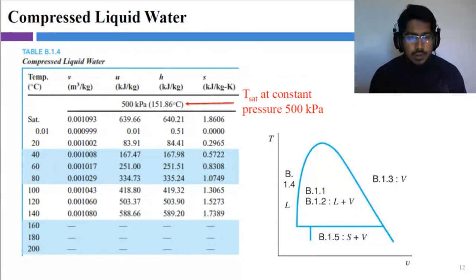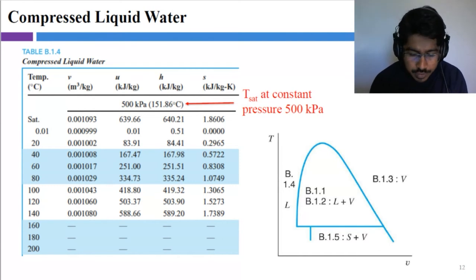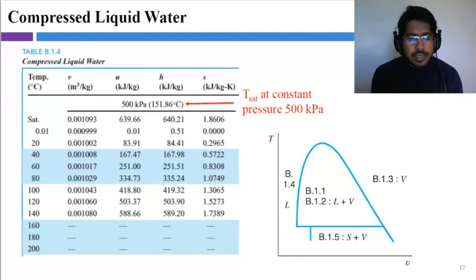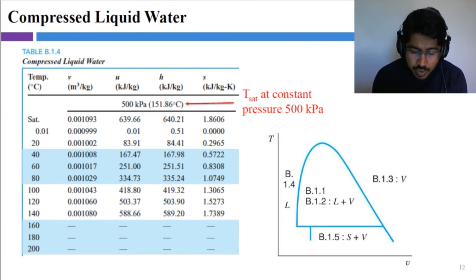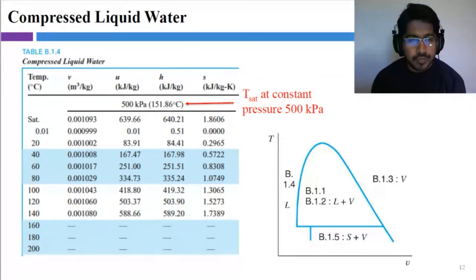For compressed liquid, you see that this is B 1.4. This is an example. For compressed liquid, you have a given pressure, and the only variable you have is temperature. Why is that? You remember the pressure has minimal impact on the final outcome of the specific volume and other properties in the case of compressed liquid. Therefore, we only have one compressed liquid table. For a given pressure, we have the variable temperatures.